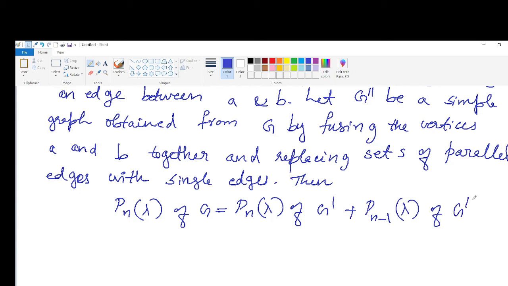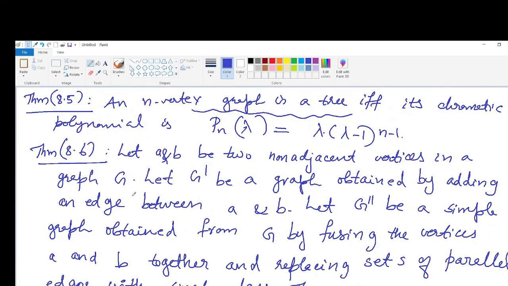of G double dash. Okay, so let A and B be two non-adjacent vertices in a graph G. Let G dash be a graph obtained by adding an edge between A and B. So when we draw an edge between A and B, those two vertices now become adjacent in G dash.